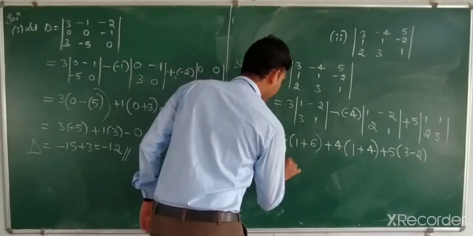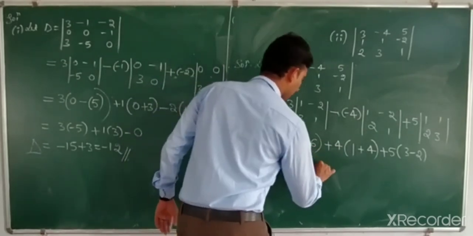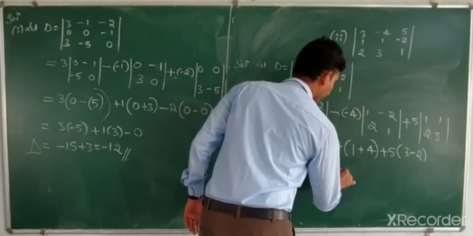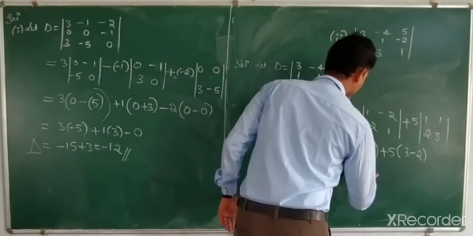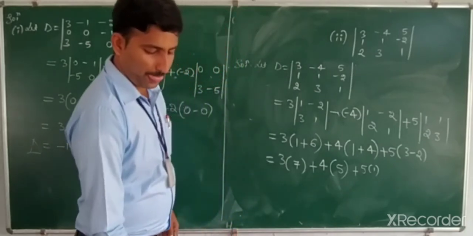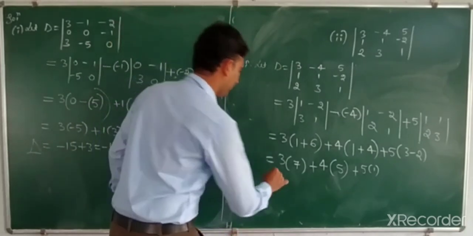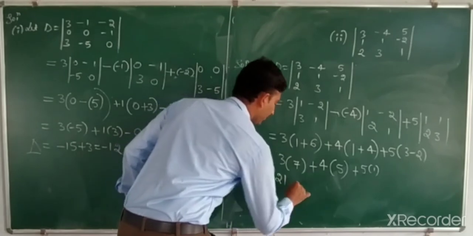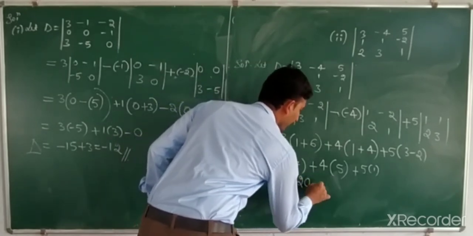which is nothing but 3 into 7, plus 4 5, plus 5 into 1 into 1, which is nothing but 21 plus 20 plus 5.